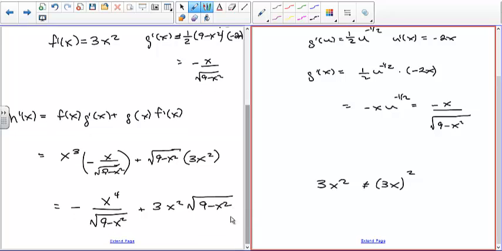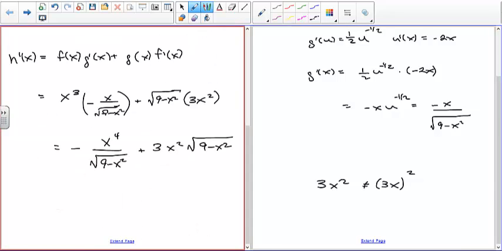Now you may say, okay, do I need to combine these two into a single fraction? And actually, I may ask you to do that. So what you would probably want to do here is factor out 1 over the square root of 9 minus x squared. And what that would leave is just x to the 4th here.